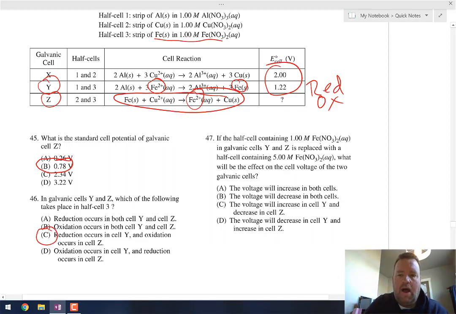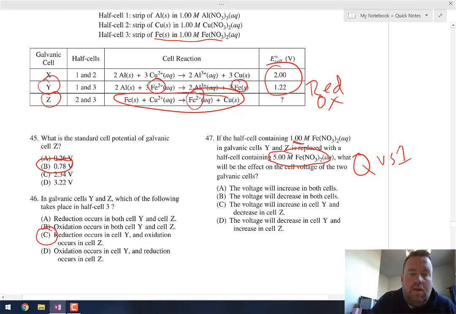Okay, if you replace one of your concentrations with a higher concentration, so now in galvanic cells Y and Z, the iron 2+ is now 5 molar. Remember, this is a non-standard cell where we want to compare Q versus the number 1, not versus K. In galvanic cell Y, iron 2+ is a reactant.